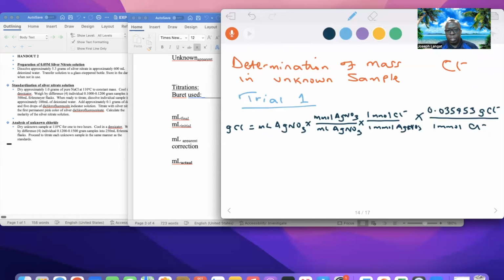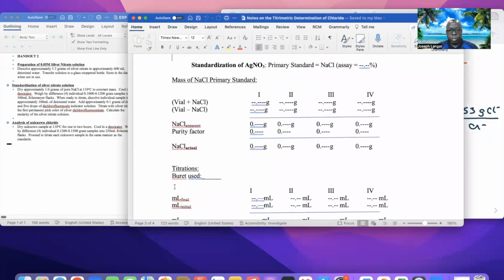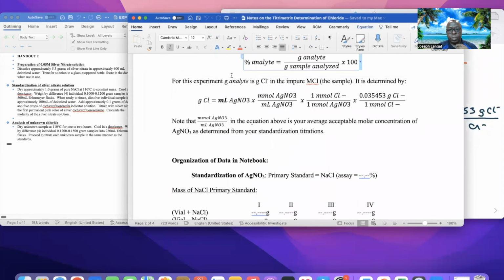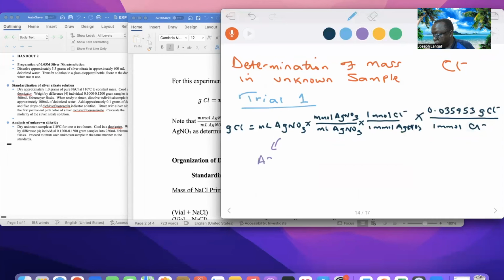Let's use trial 1 as an example. You'll use the equation given in the handout for grams of chloride in the sample. This is the actual mL of AgNO3, not the apparent, the actual.